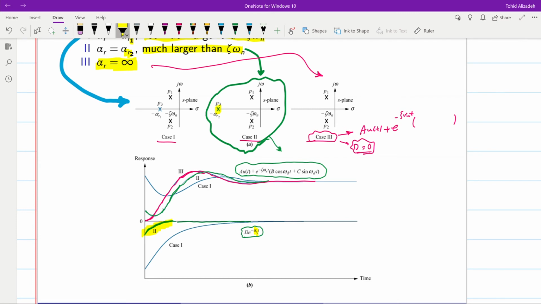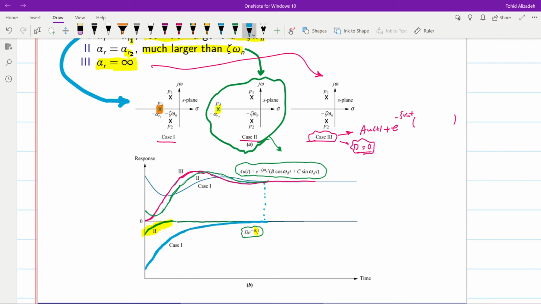While for the third case, as you can see here, when the additional pole moves closer to the two complex poles that we had, the part of the response which comes from the additional pole grows in terms of amplitude, and also it decays slowly. So you can see that it is kind of decaying at the moment when the other part of the response, let's say, decays at the same time.